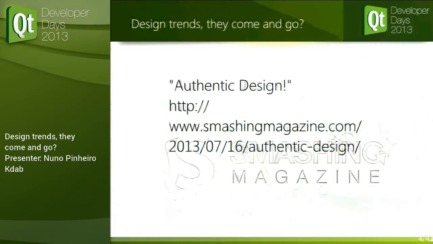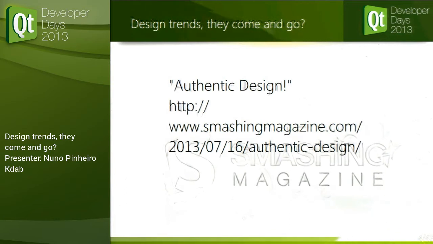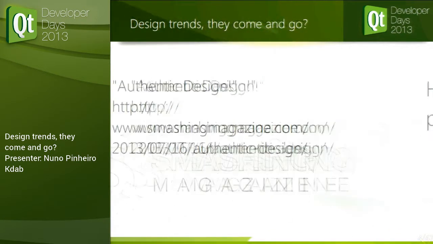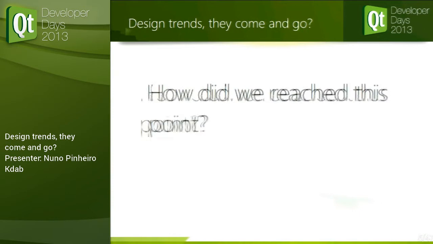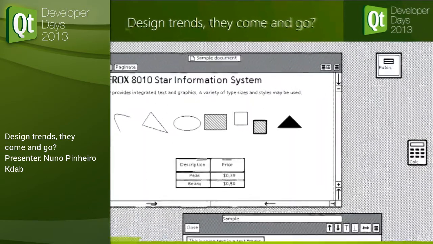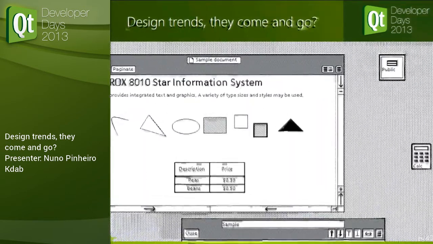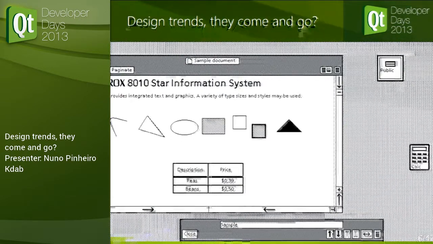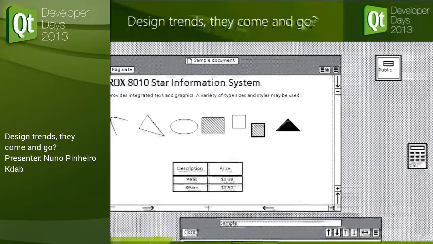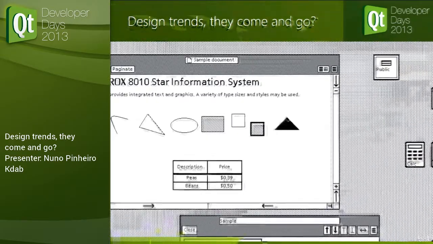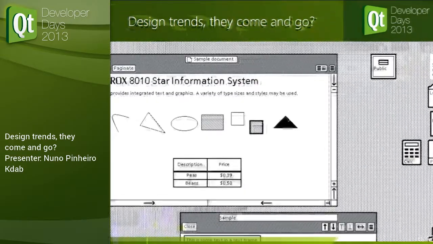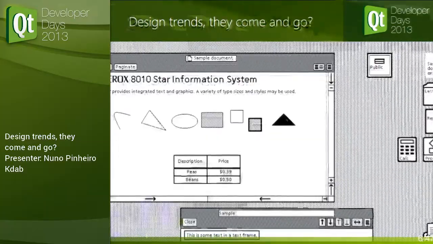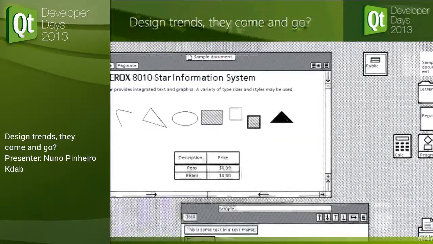But let's try to see first how we got to this place. So in the beginning there was Xerox, or depending on your favorite patent lawyer, Apple or whoever. And this is one of the first graphical user interfaces.